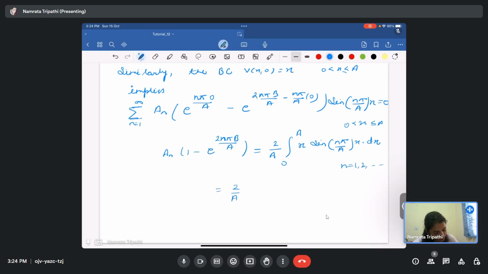Now if we integrate it by parts, we will get the integration of sine, which is minus cos of n pi by a into x, with limit 0 to a, and this will become 0.